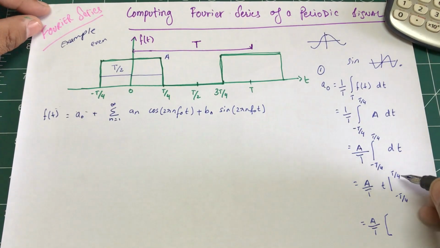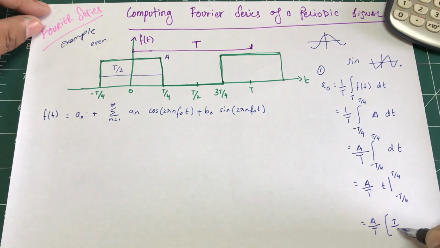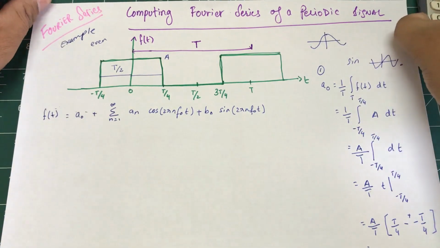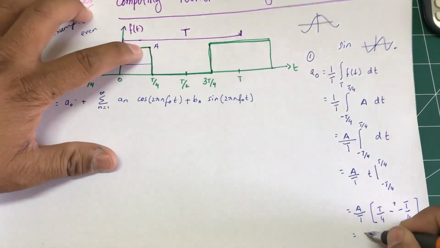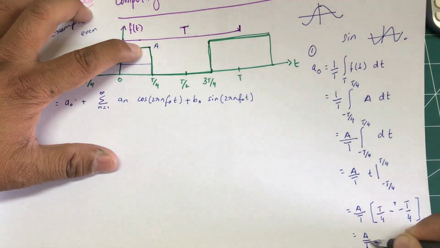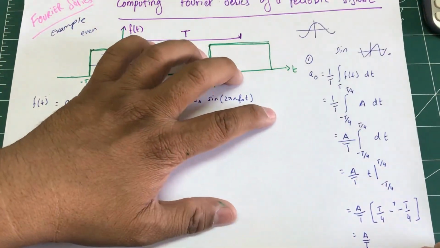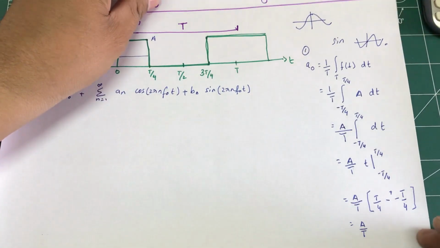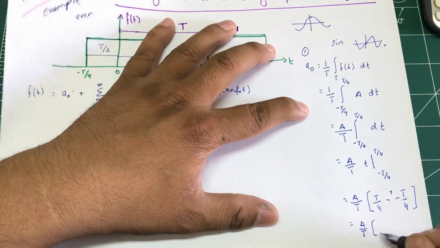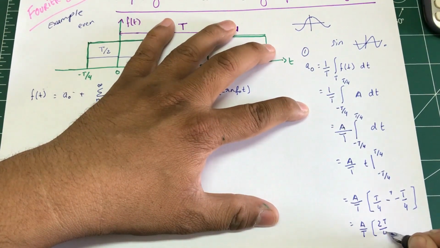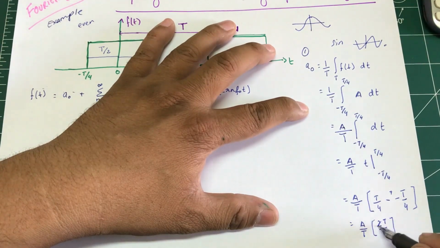In place of t, I'm going to put T over 4 minus the lower limit, negative T over 4. So this would be A over T times, T over 4 plus T over 4, which is 2T over 4.